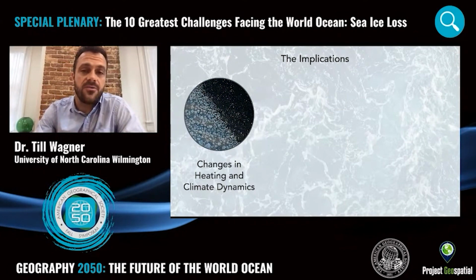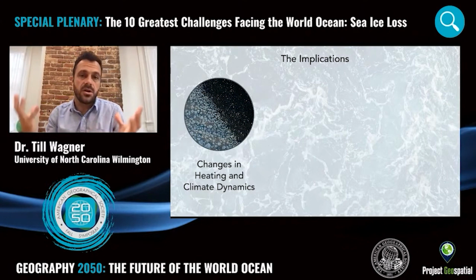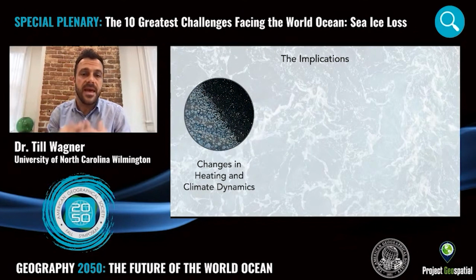It is white and it reflects a lot of the incoming solar radiation. You can imagine if you remove the sea ice from the Arctic Ocean and replaced it with open water, it's a little bit like taking a white t-shirt off and putting a black t-shirt on. You're going to absorb a lot more of the incoming heat. And that has far-reaching implications for the local and for the global climate.